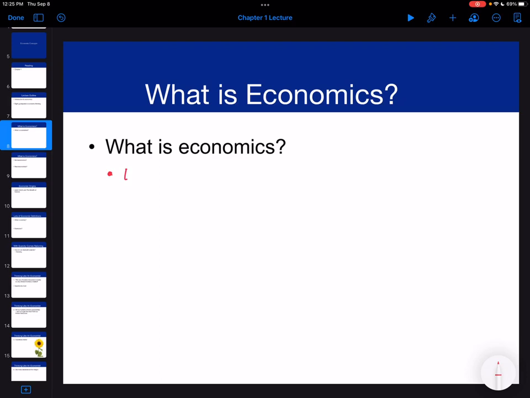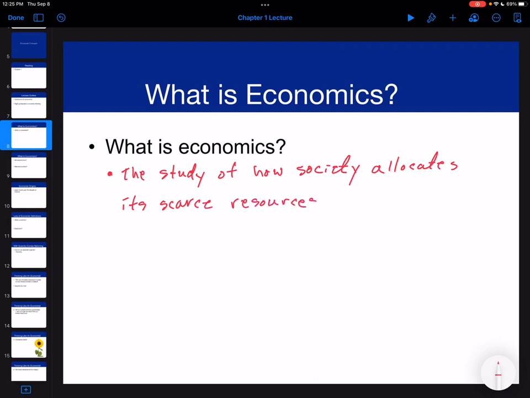It is the study of how society allocates its scarce resources to satisfy our unlimited wants.